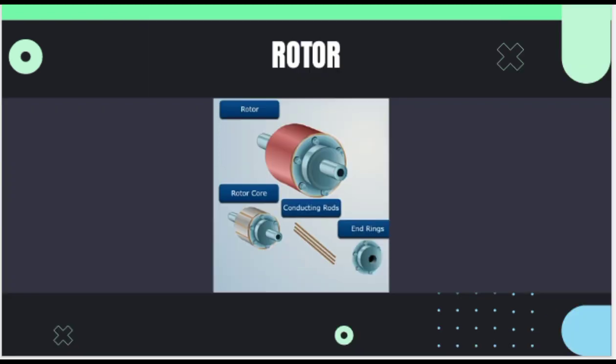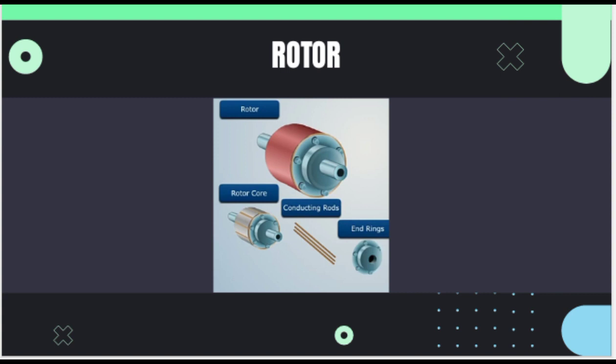Rotor is the rotating part of the motor, and it consists of a core, the conduction rods, and the end rings. The rotor core is a cylindrical core built from high-grade alloy steel laminations with parallel slots on the outer periphery. If the slots are not parallel to the shaft, the rotor is called a skewed cage rotor.